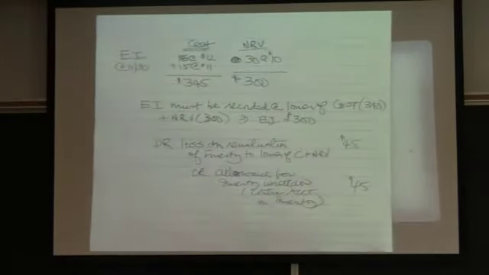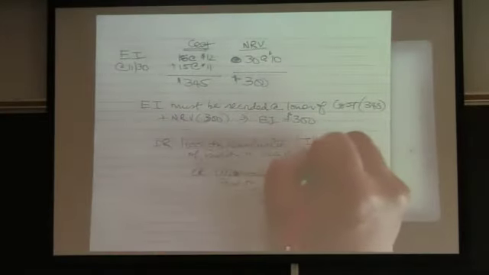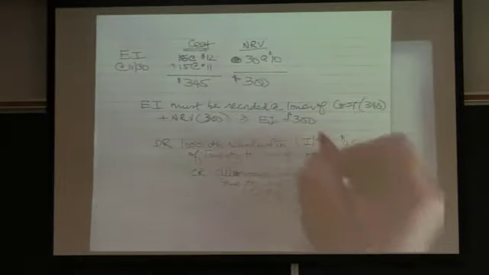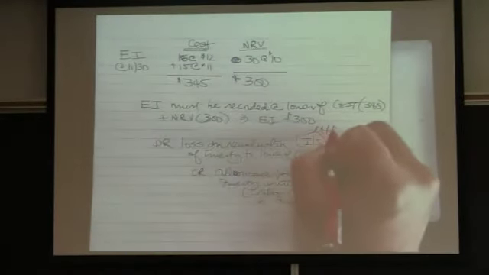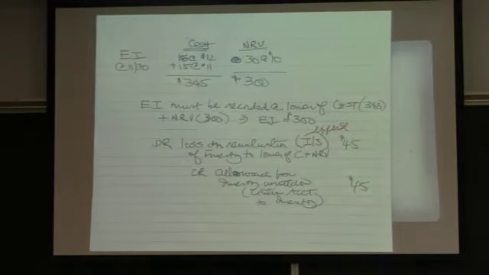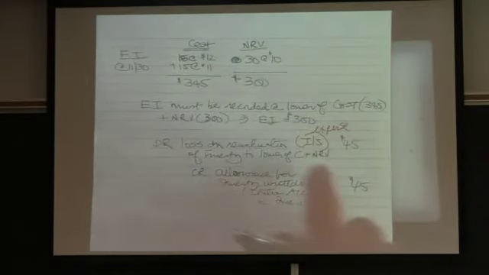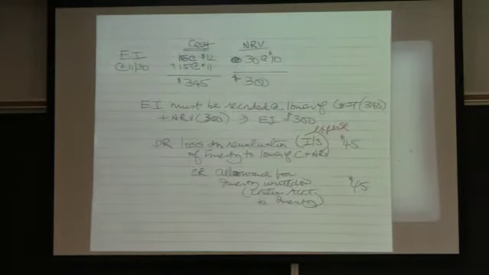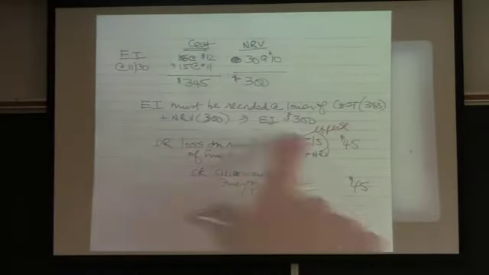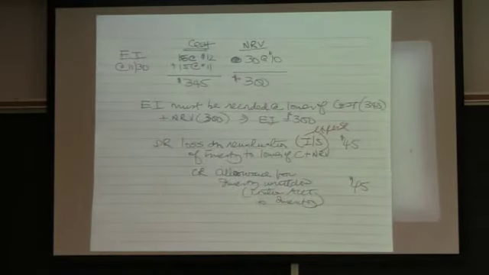So essentially, we're going to record a loss, and that's reflected in the income statement as some sort of expense. And I just created an account, and again, you could name it whatever, but it just says loss on revaluation of inventory to lower cost and NRV is $45. And that's essentially some sort of expense on the income statement. And of course, you would credit allowance for inventory write-down. And this is a contra account to the inventory.